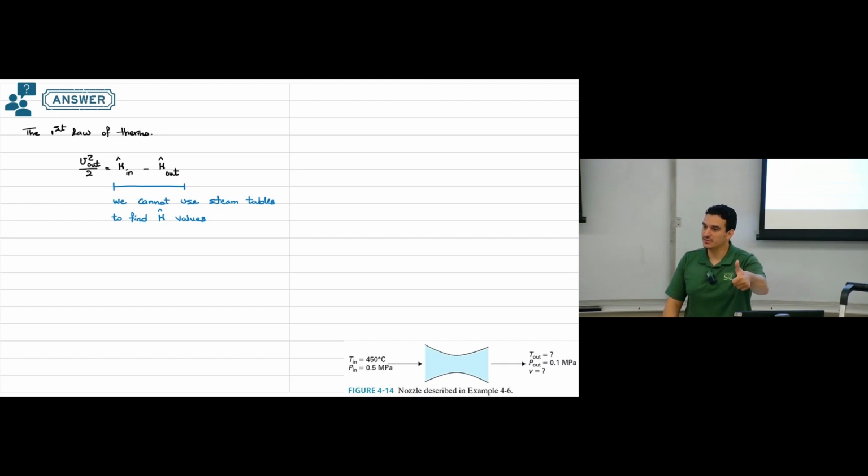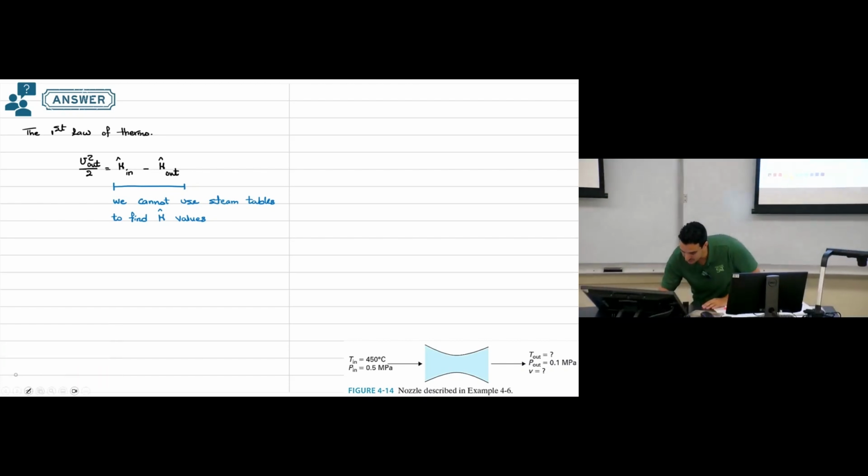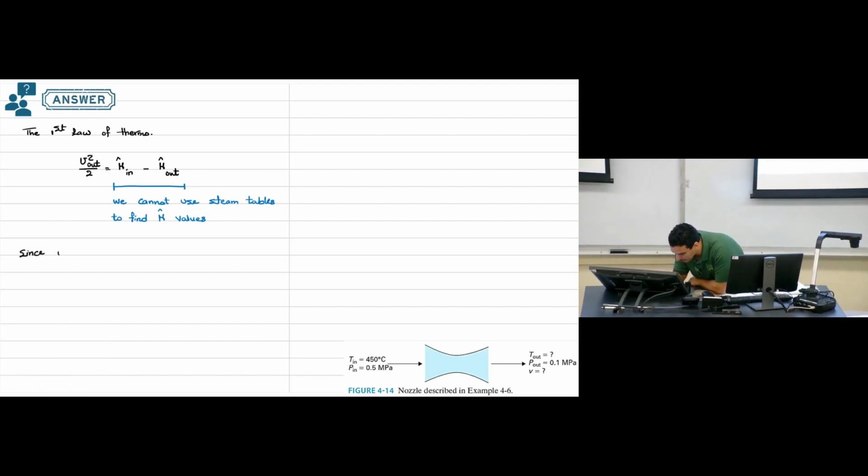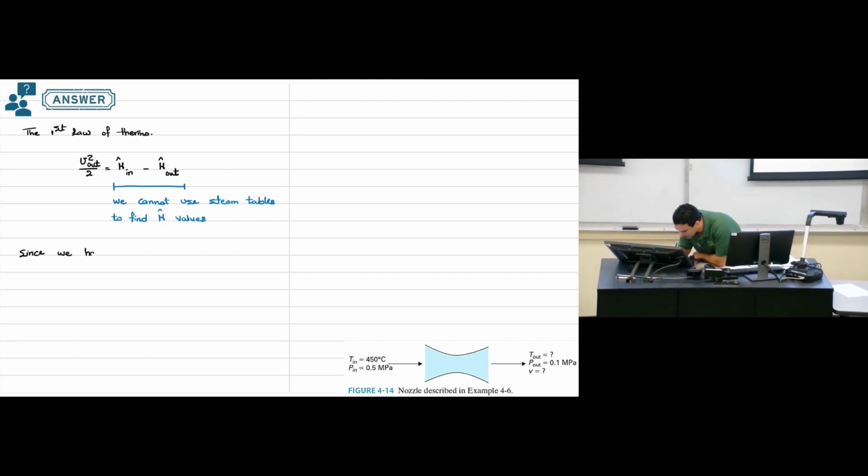We have an ideal gas, so the change of the enthalpy is Cp dT. So since we have an ideal gas, we can say dH is Cp dT.